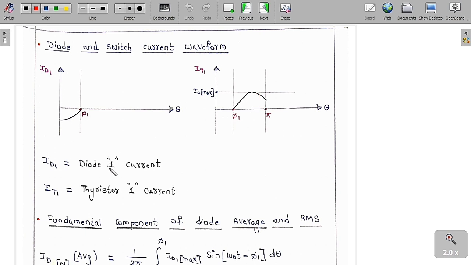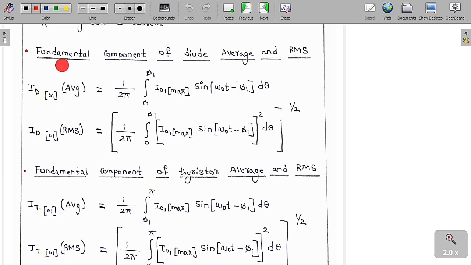IT1 is called the diode 1 current, whereas the thyristor current is the current in thyristor 1. Now I want to find the average and RMS value of the fundamental component of the diode current. The average value is 1 by 2 pi integration from 0 to phi 1, because only in this range is diode D1 conducting.